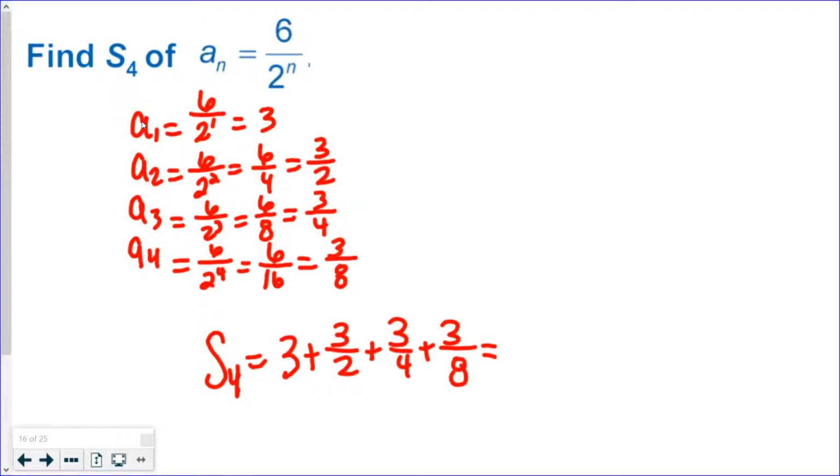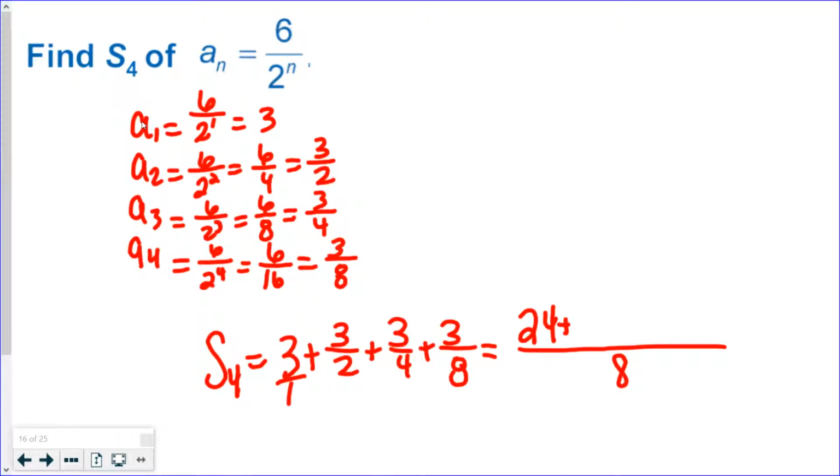What do we need to have in order to add these guys all together? Hopefully you said a common denominator. In this case, they all go into 8, but 8 can't go into any of them, so 8 is my lowest common denominator. What do I have to multiply this numerator by to get to the common denominator? I have to multiply that by 3, so that's going to be 24.